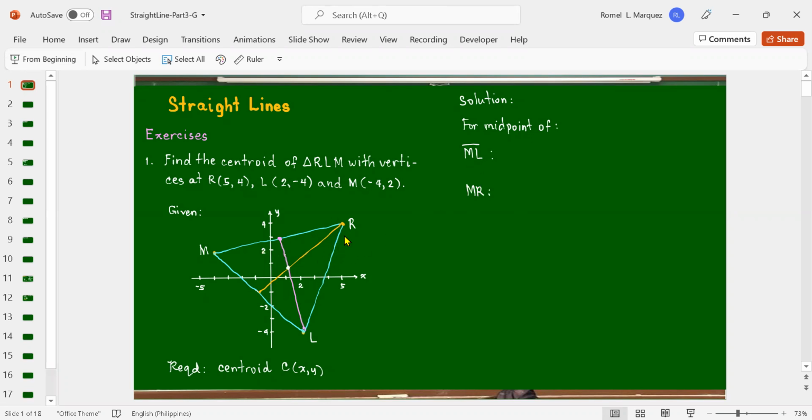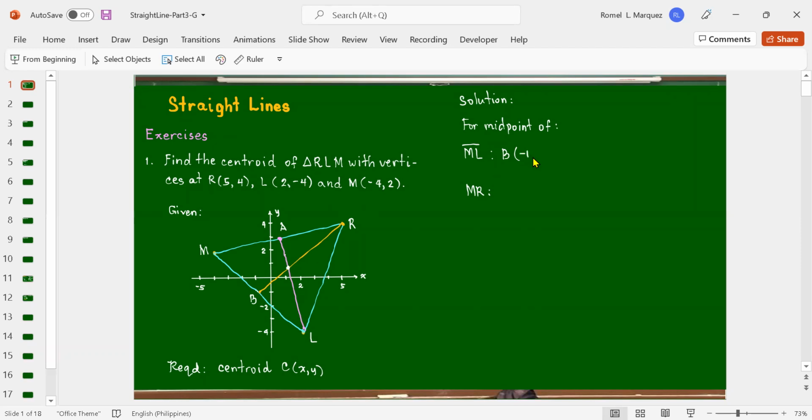Because we drew the medians to ML and to MR. Let's call this A and this B. For ML, point B. What's the midpoint, guys? ML: 2 plus -4 is -2, divided by 2, -1.